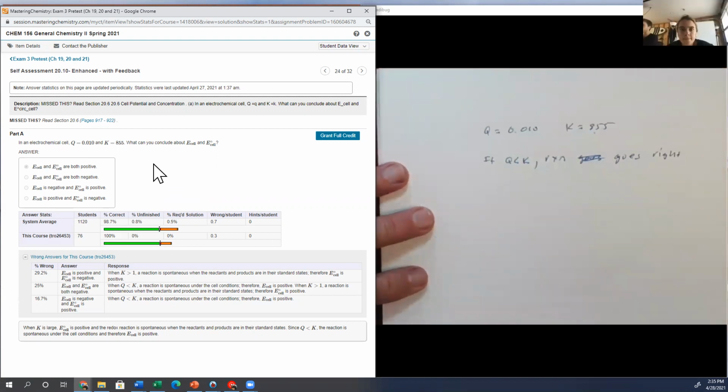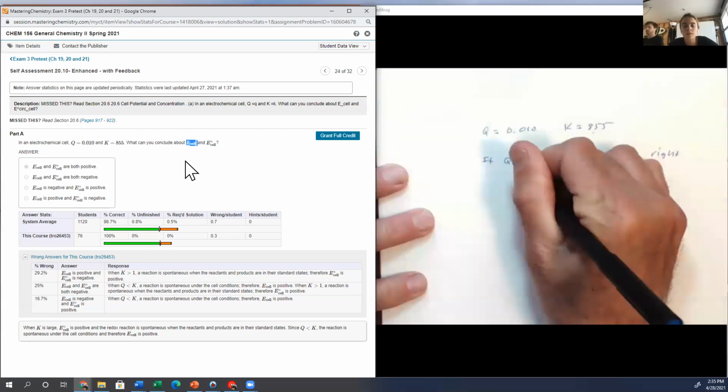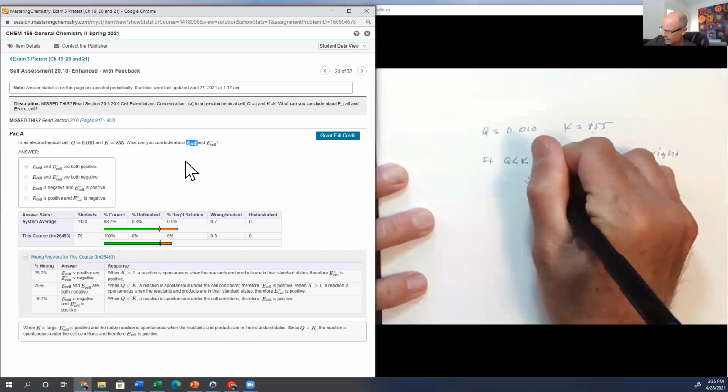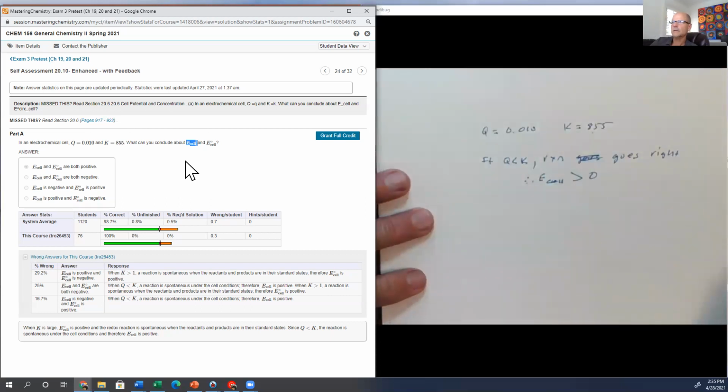So if a reaction is spontaneous in the forward direction under whatever conditions you're at, what can you conclude about E cell? It's positive. Correct. Therefore, E cell is greater than 0. In order to get that, you compare K and Q.